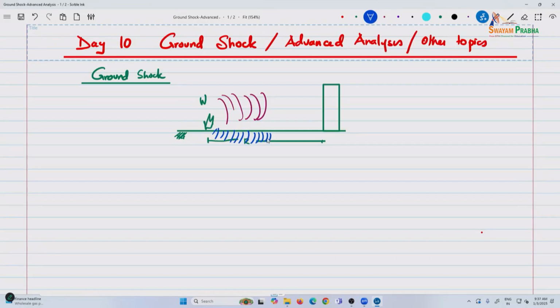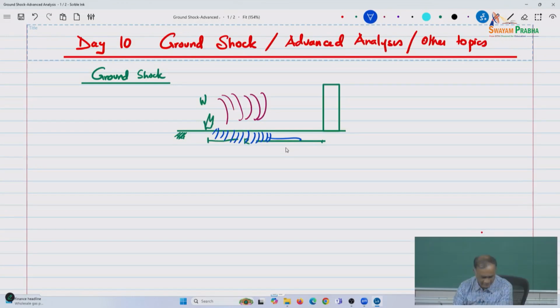You have the air induced shock wave propagating, and then there are also shock waves propagating in the ground due to this explosion. So this is what we call ground induced, and this is air induced.